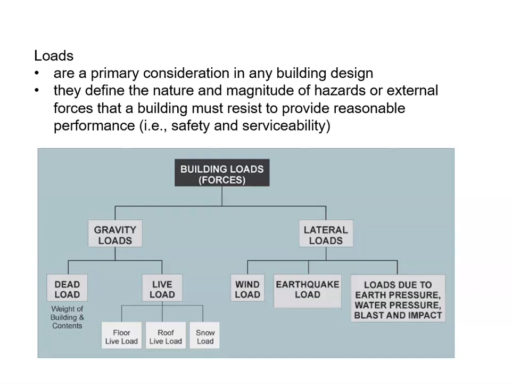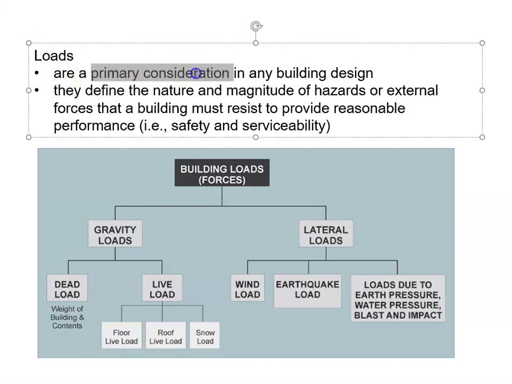Now let's look at some different types of loads. All right, so primary consideration in any building design. I kid sometimes when I teach these structures classes, but basically if any questions on quizzes ask what is the primary consideration, what is the deciding factor in our designs?